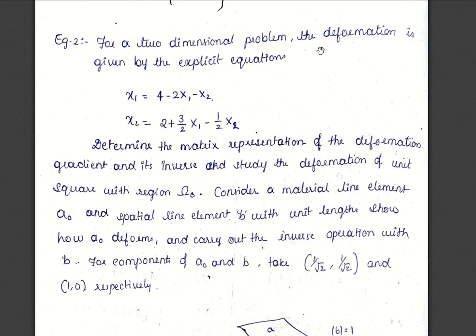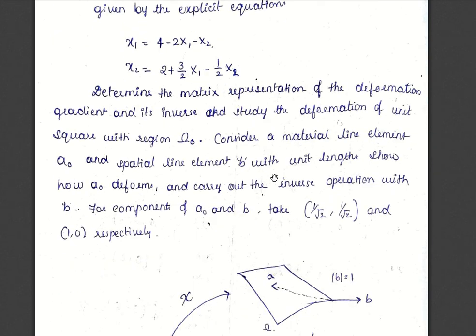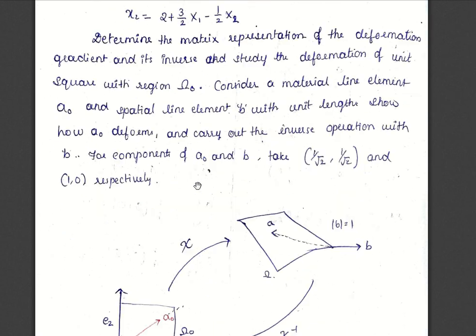For a two-dimensional problem, the deformation is given by the explicit equations: x1 is equal to 4 minus 2 capital X1 minus capital X2, and x2 is equal to 2 plus 3 by 2 capital X1 minus half capital X2. Determine the matrix representation of the deformation gradient and its inverse, and study the deformation of the unit square region omega naught. Consider the material line element A naught and the spatial line element B with unit length.